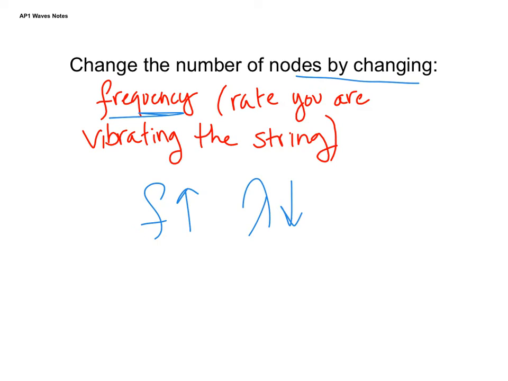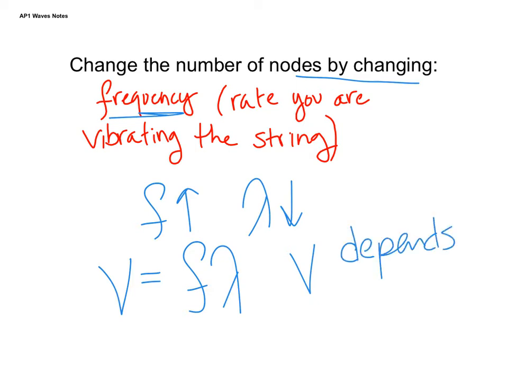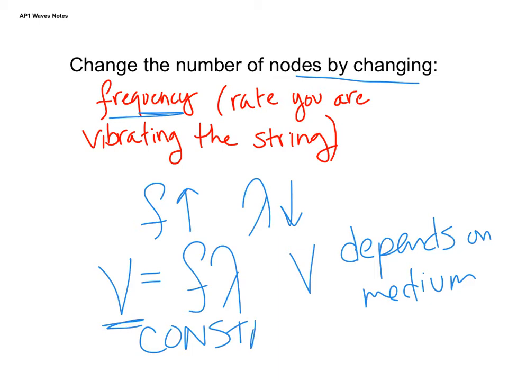But the thing that stays constant in this system is wave speed. Wave speed equals frequency times wavelength, and wave speed depends on the medium. So assuming our medium is not changing, we're using the same string every single time, this value right here should be a constant.